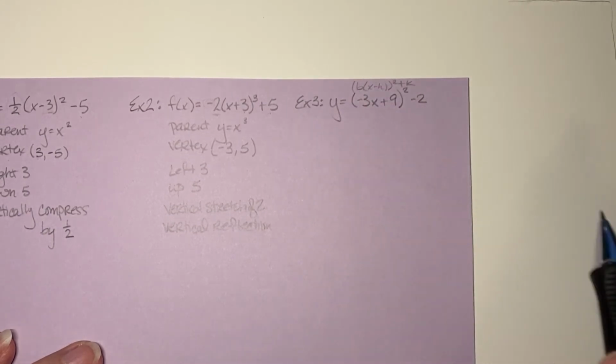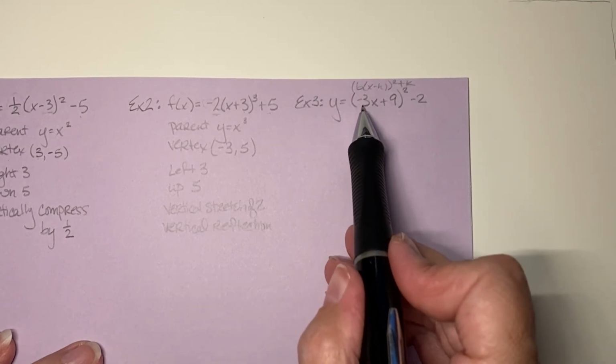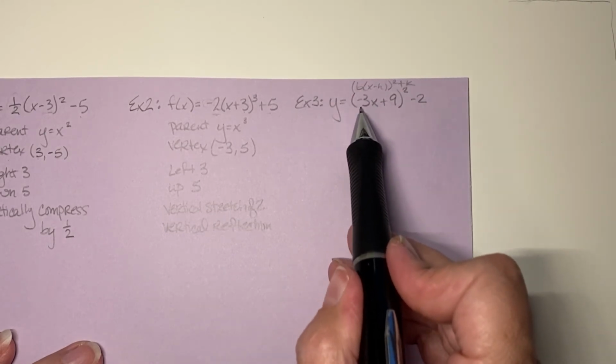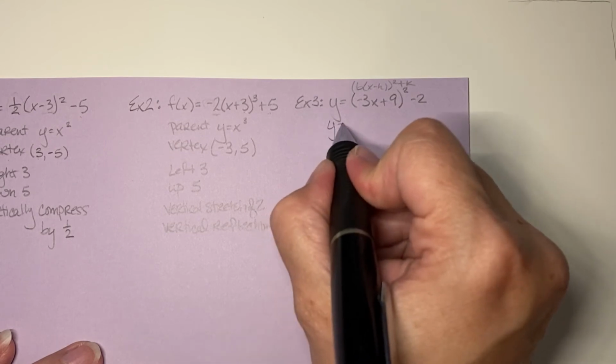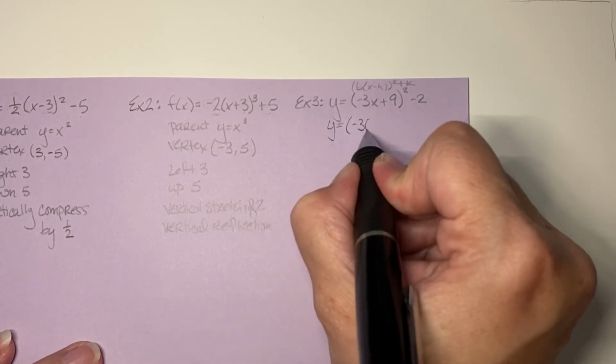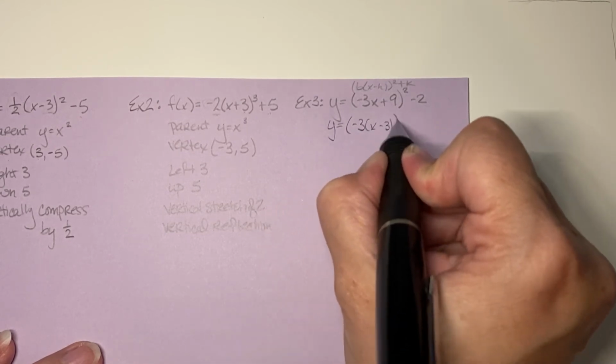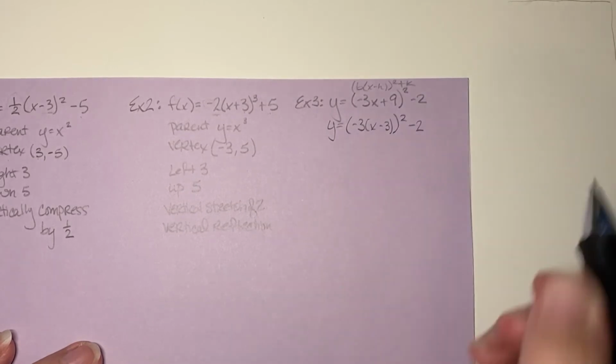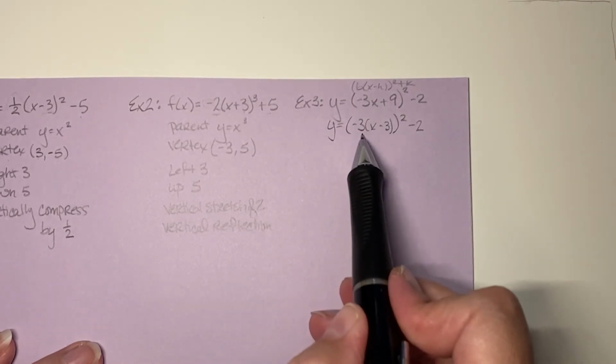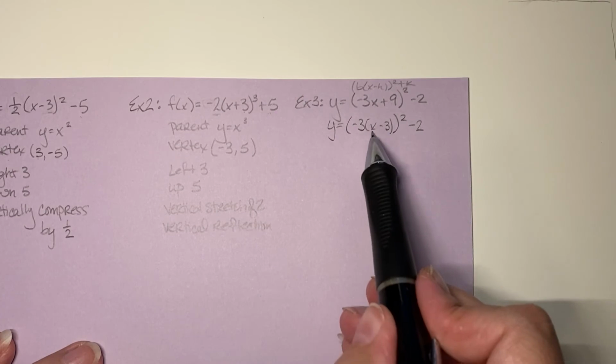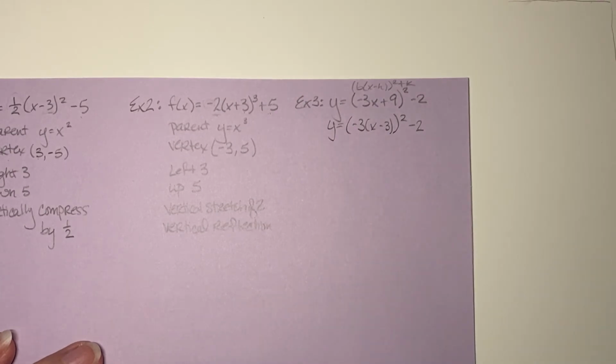So the first thing we have to do is factor out this -3. Now that the b is outside and the x is by itself, you can do all of the components.